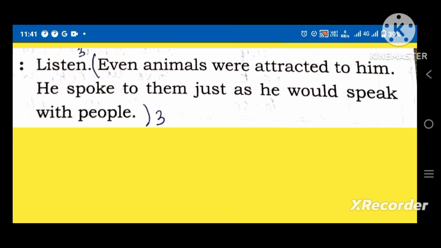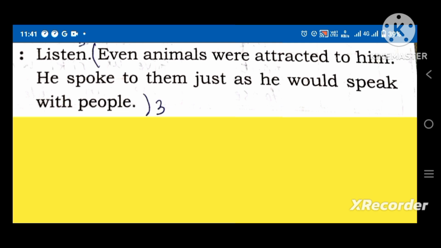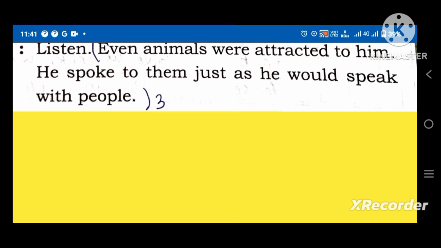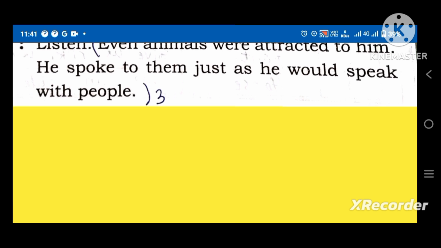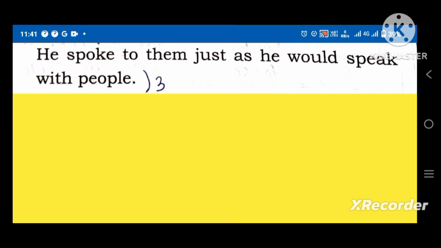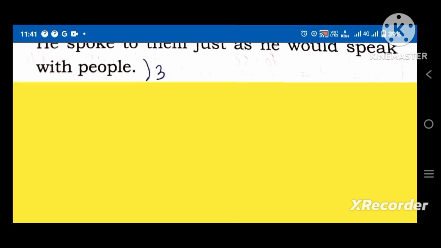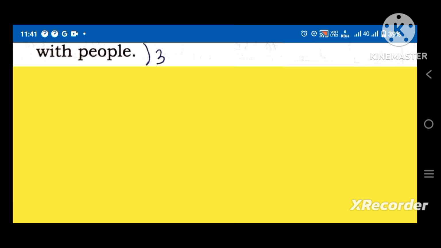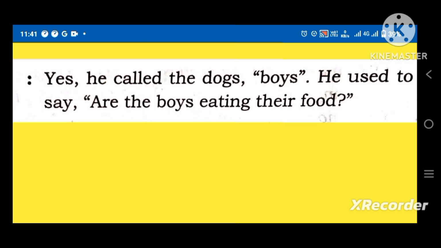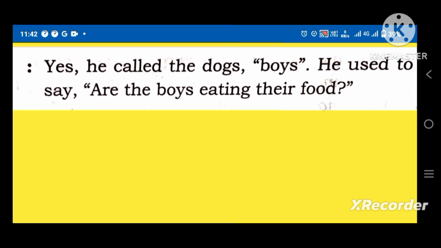He spoke to them just as he would speak with people. Yes, he called the dogs boys. He used to say, "Are the boys eating their food?"